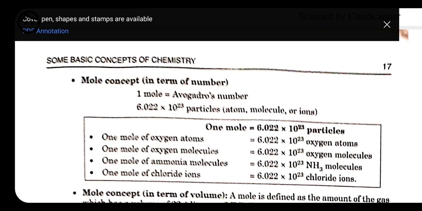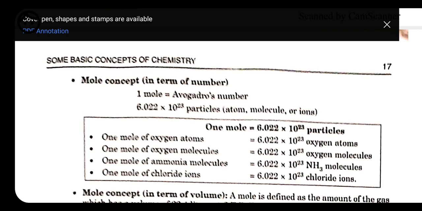If we are talking about 1 mole of oxygen atoms, meaning single O, it contains 6.022 × 10^23 oxygen atoms. Or if we are talking about the oxygen molecule, O2, because oxygen always exists in the form of O2, the molecular form also contains 1 mole, that is 6.022 × 10^23 molecules.